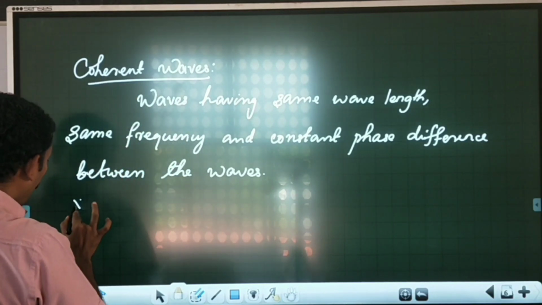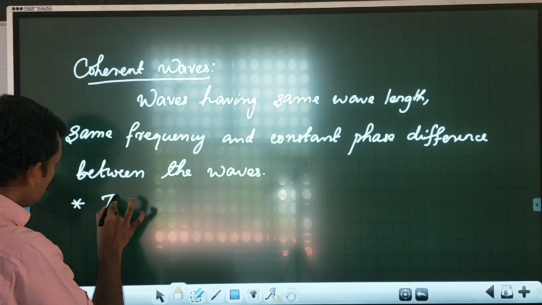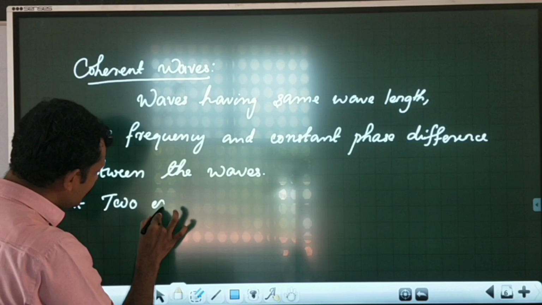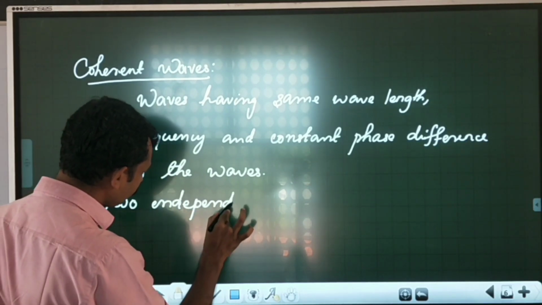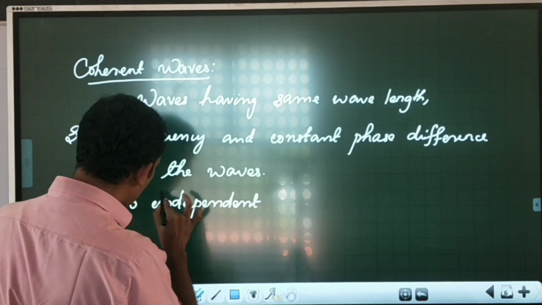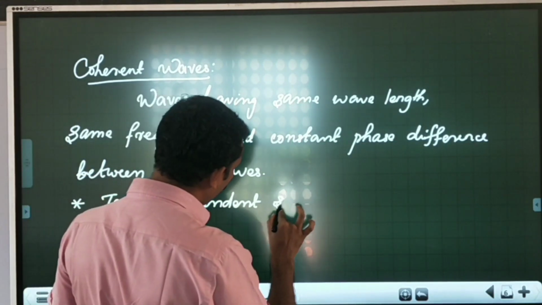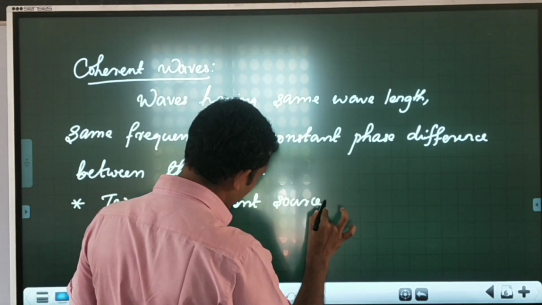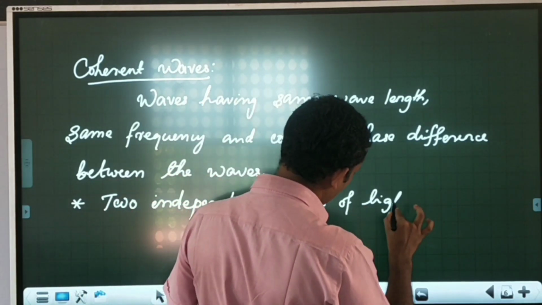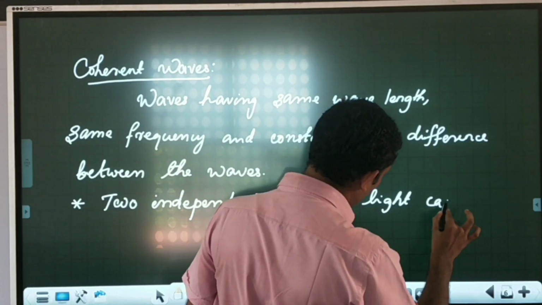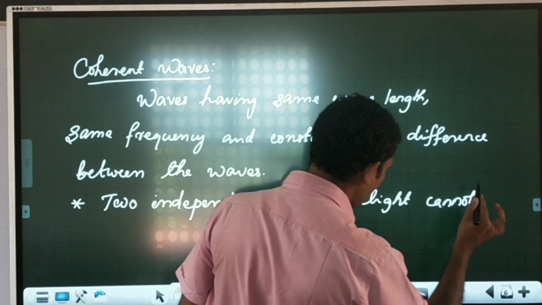An important point I have to highlight here is that two independent sources of light cannot be coherent.